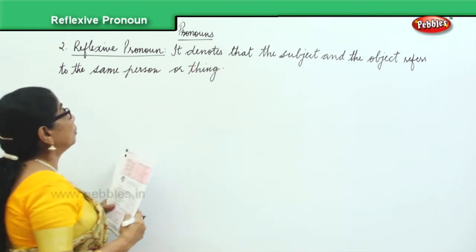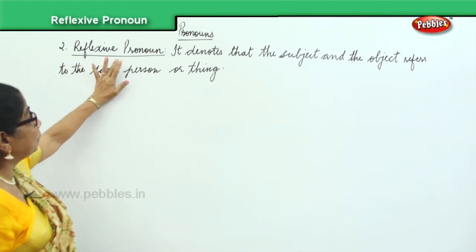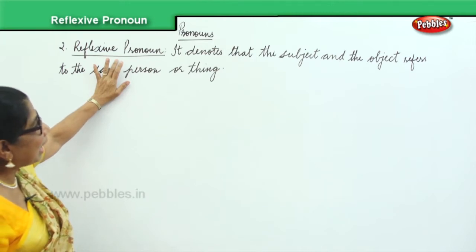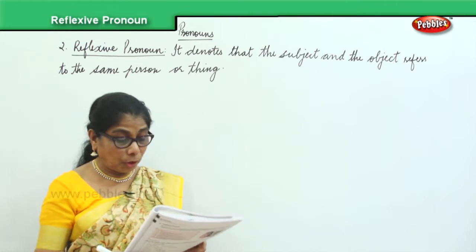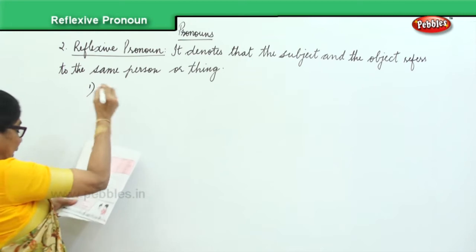When you're talking about pronouns, this is the reflexive pronoun, that's the second part. The reflexive pronoun denotes that the subject and the object refers to the same person or thing. And here are some examples for you.